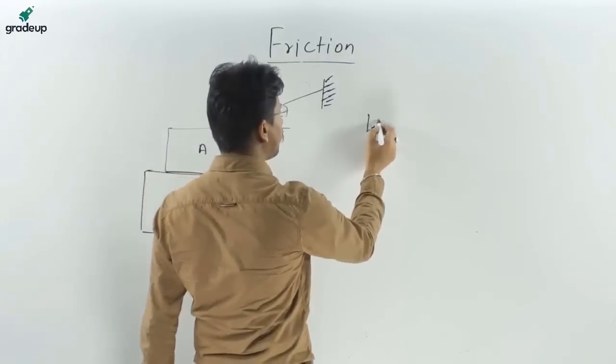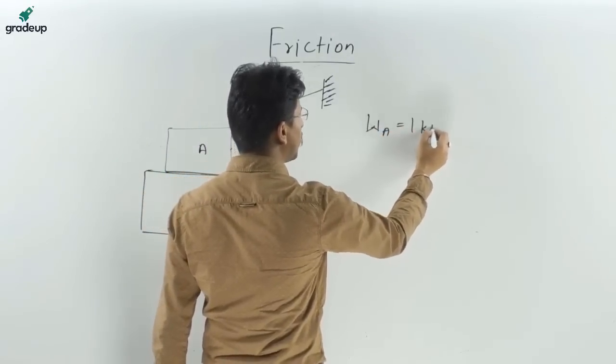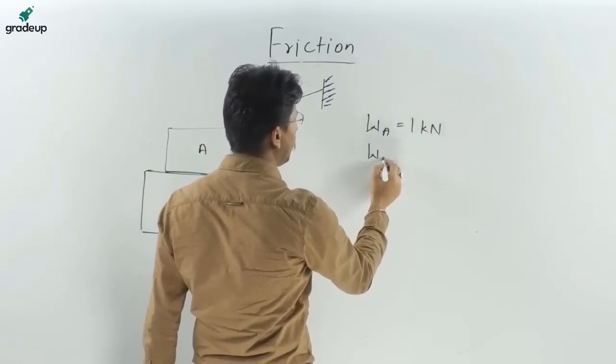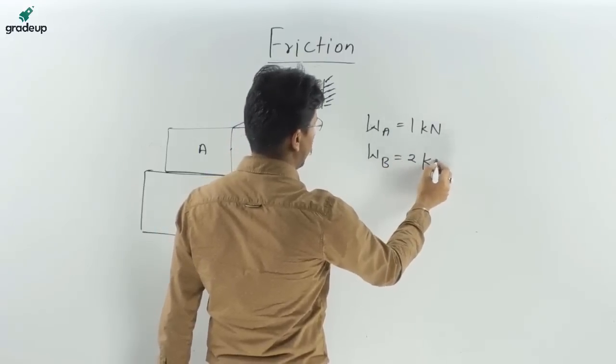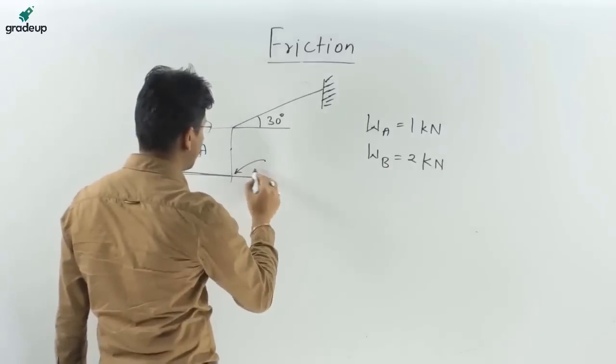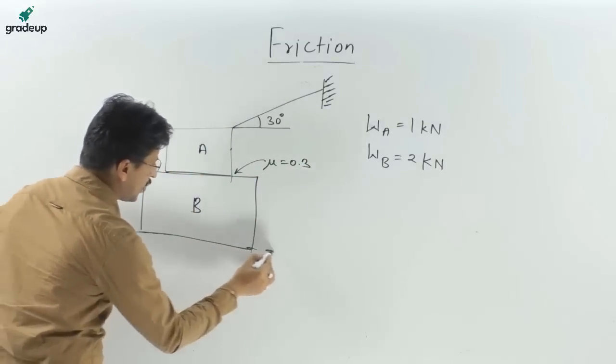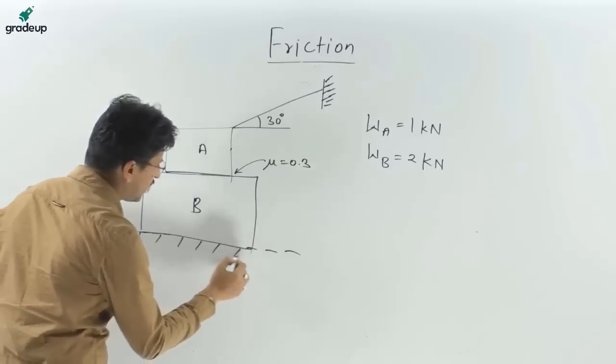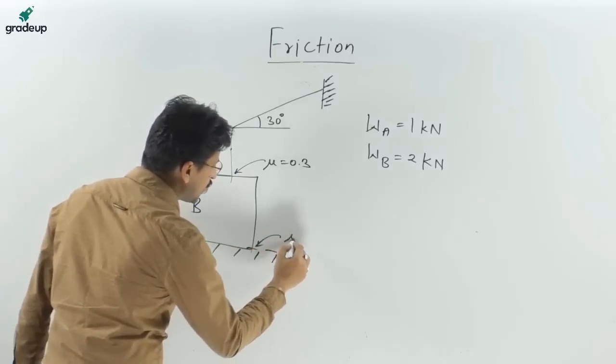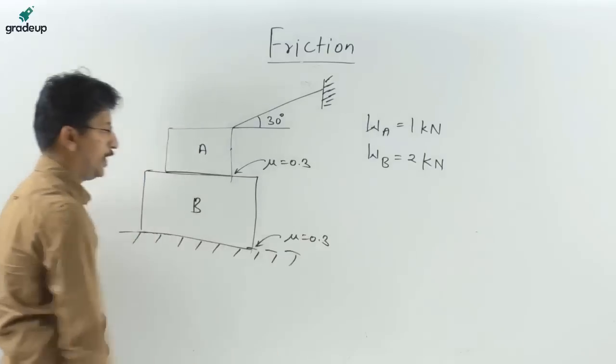The weight of block A is suppose 1 kilonewton and the weight of block B is equal to 2 kilonewton. Between these blocks the coefficient of friction is 0.3, and B is resting on a surface where also the coefficient of friction is 0.3.